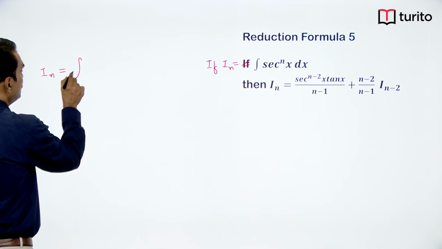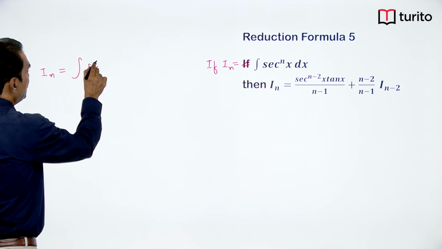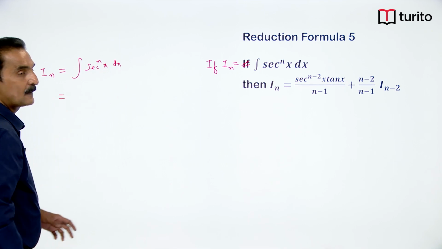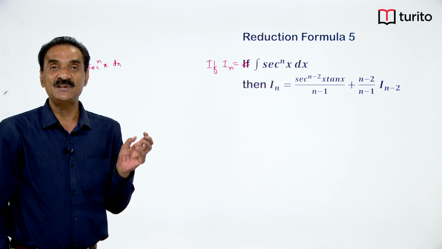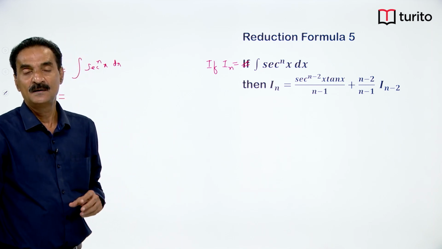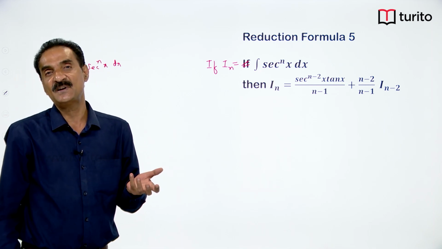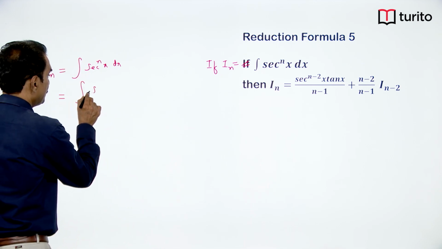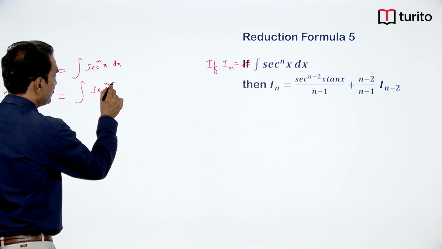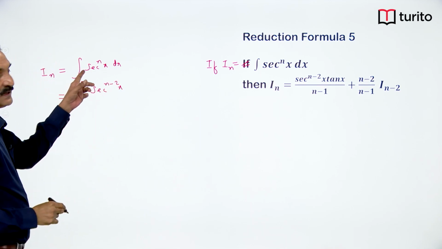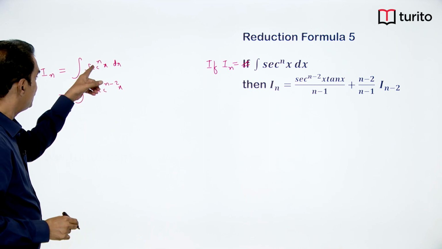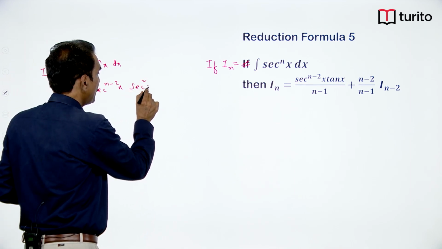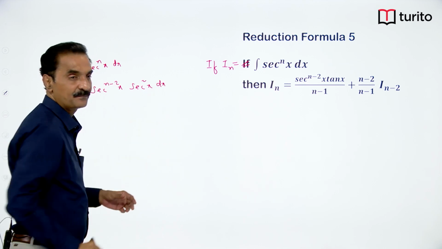In is equal to integral secant power n x dx. First you separate secant square x, and we know that secant square x is the derivative of tan x. Separating secant square x, it becomes secant power n minus 2x into secant square x.